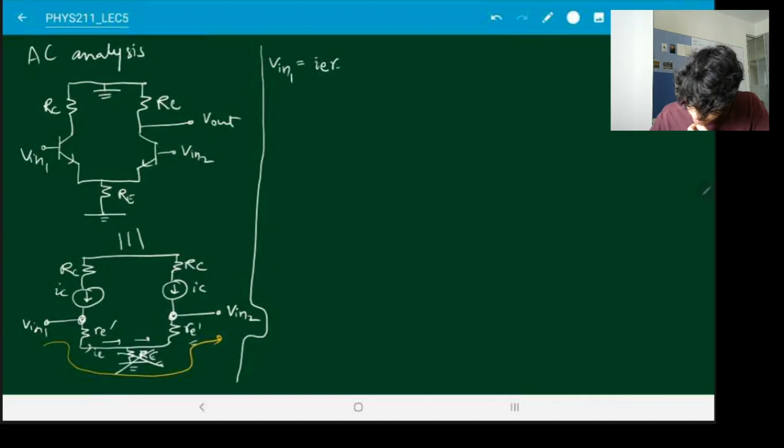IE RE prime. The same current is flowing also into the other RE prime. So again, plus IE RE prime plus VIN2. So VIN1 minus VIN2 is twice IE RE prime.